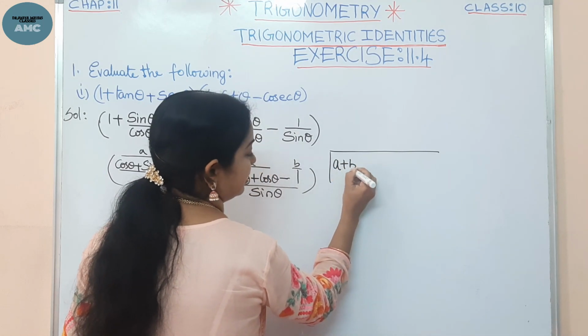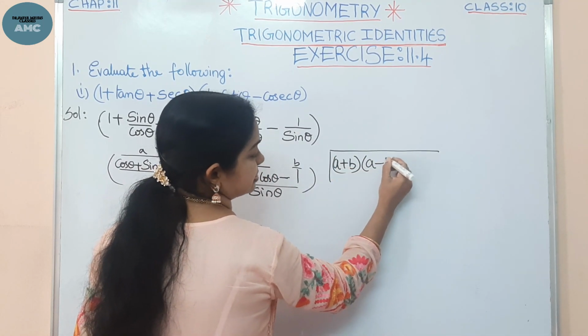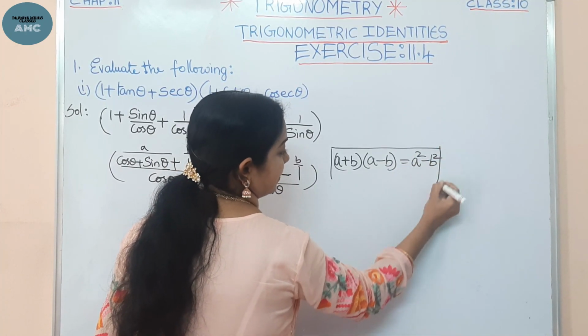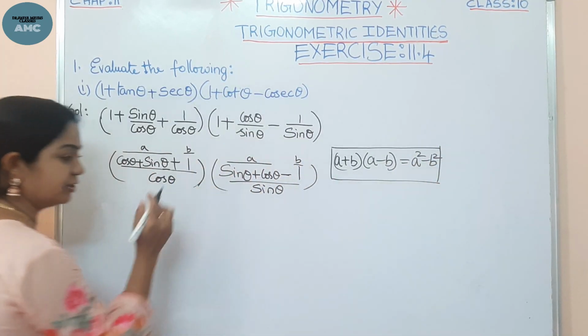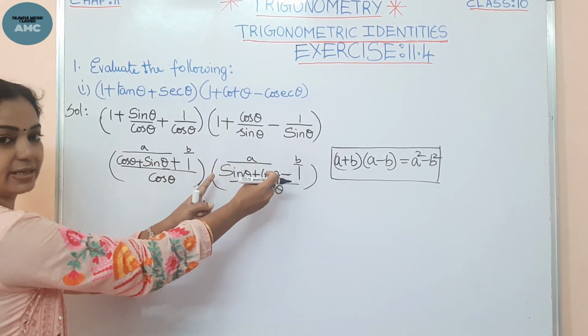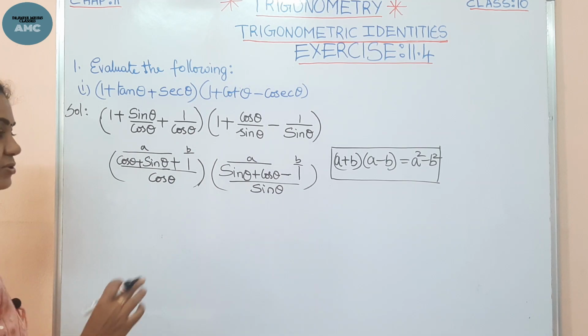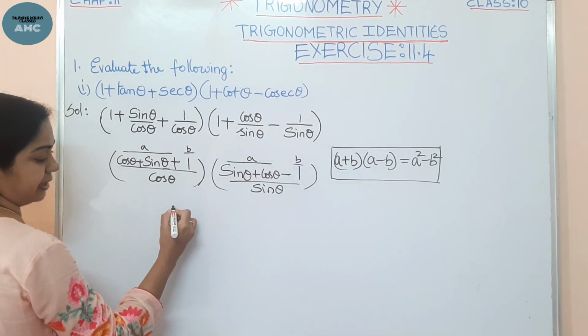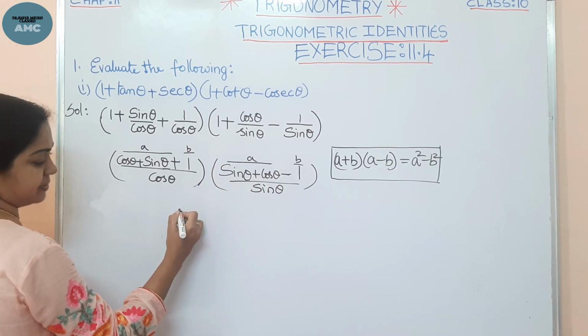A plus B, A minus B is equal to A square minus B square. We know this, so we will use that. Here A is sine plus cos, and B is only 1. These two are multiplied, isn't it? So I can write it directly as A square minus B square.